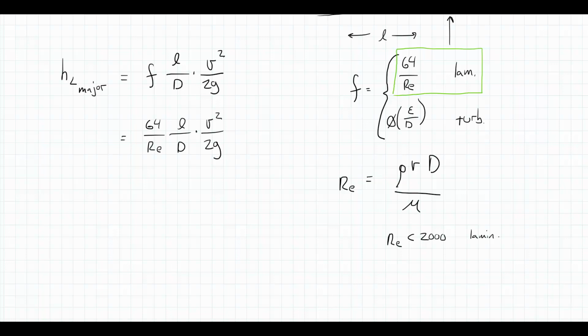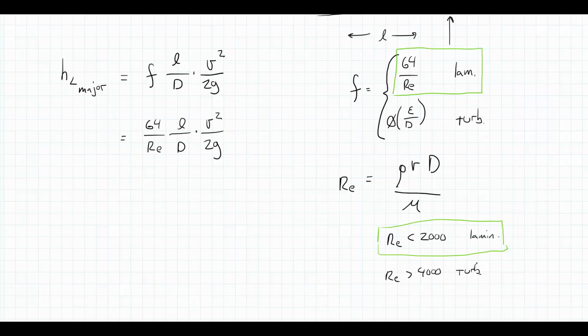So if it's less than 2000, it's laminar. Again, that's going to be the limitation or the assumption we are making for this derivation. And also recall, if it's greater than 4000, then we usually call that turbulent. And if it's in between, then we are somewhere in the transition between laminar and turbulent flow. But we're sticking with less than 2000 for this particular derivation.